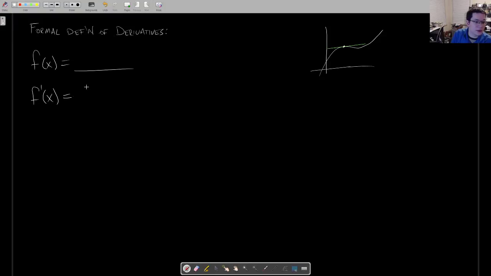is equal to, well, let's go back to our slope. M equals y2 minus y1 over x2 minus x1. So we need the value at x2 minus the value at x1 divided by x2 minus x1.